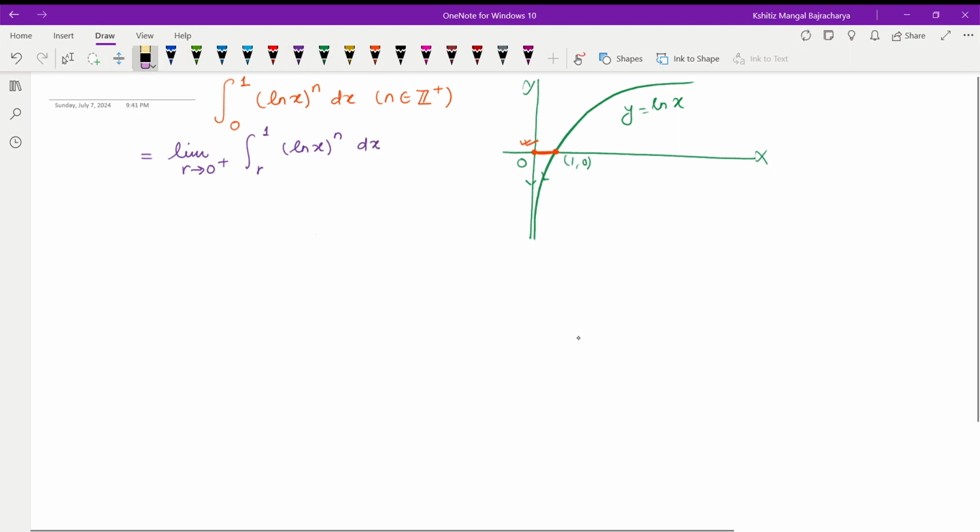Let's not put an equal sign right away. We're going to check the convergence using this limit. This is an improper integral. We're checking its convergence; we're not evaluating it right away. What we are doing right now is checking the convergence.